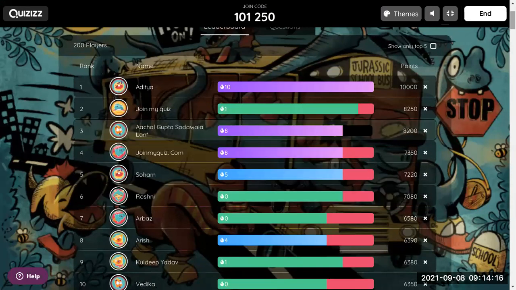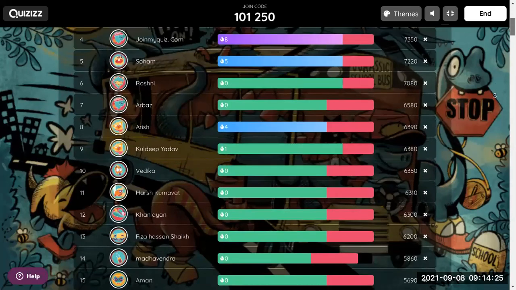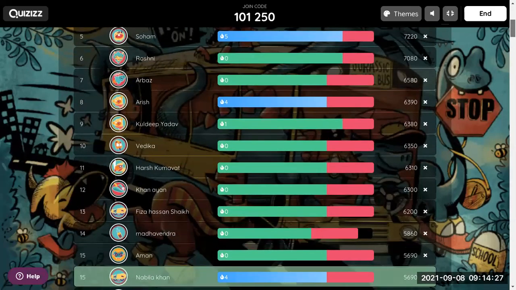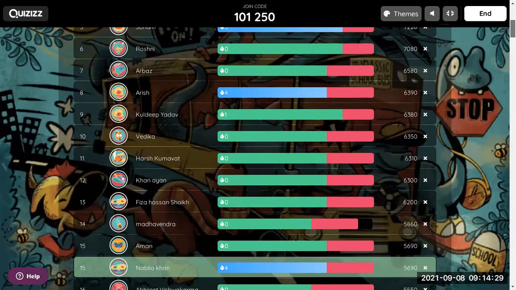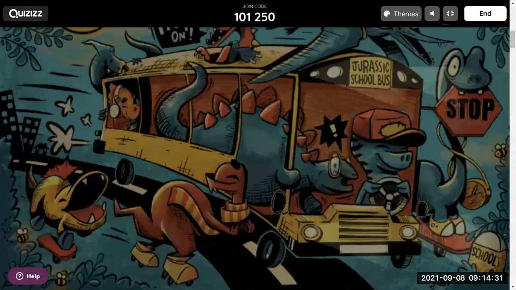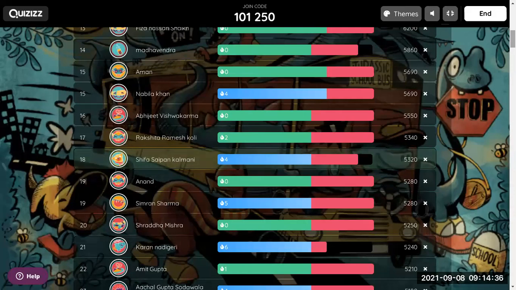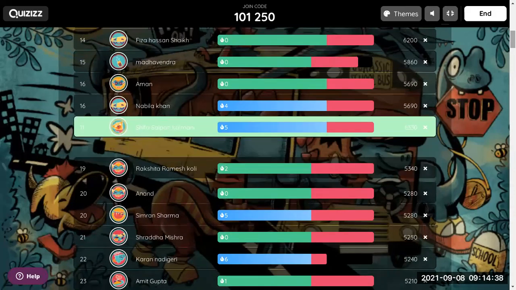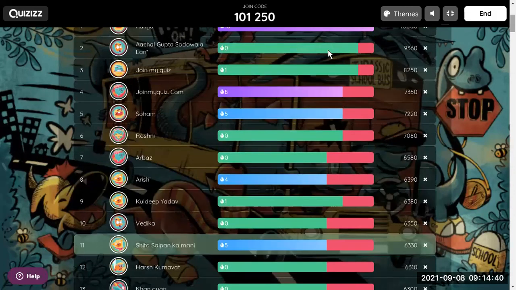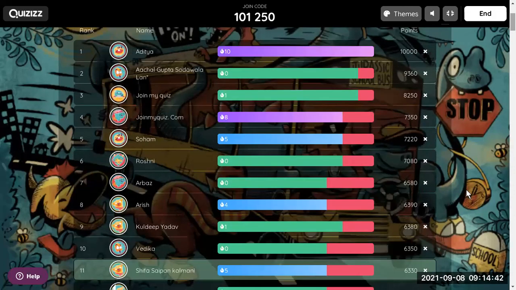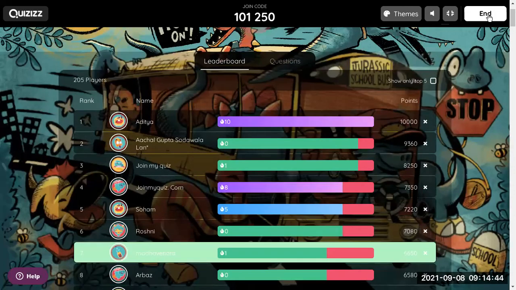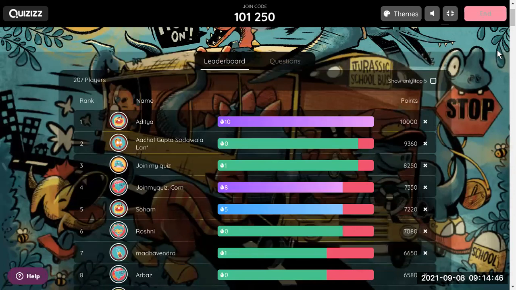Just try to finish it and we'll end the quiz. Well done, Achal. 1 more question and then we'll stop. Very good, Shifa. Karan, very good. Navneet, well done. Okay, Achal has done. Madhvendra, well done. Okay, let's end the quiz here and let's see the scores.